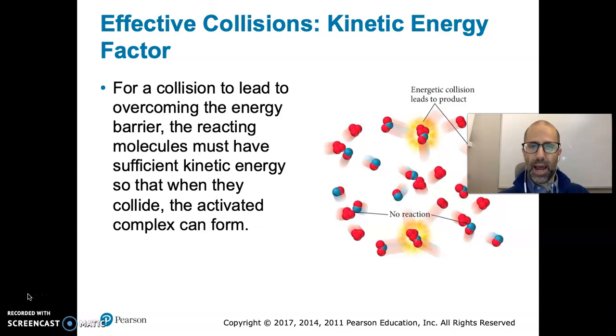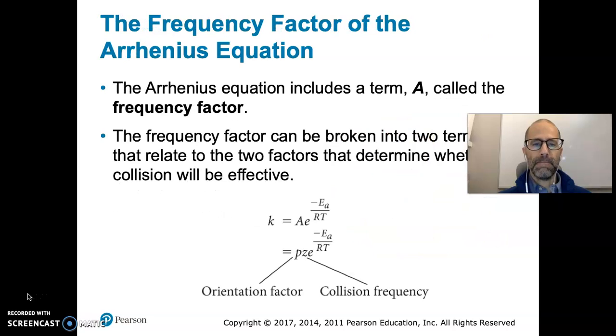But in order to do that, one of the factors again is to have enough energy when you are colliding to overcome that energy barrier. So the reacting molecules must have sufficient kinetic energy so that when they collide, that activated complex can form. So you need enough energy to form that activated complex, and that activated complex, as we said before, is a transition state between reactants and products.